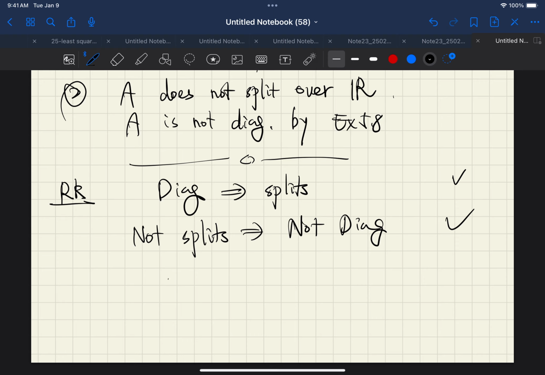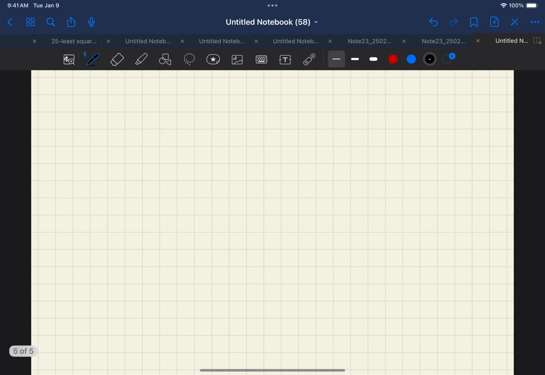One question is, if the characteristic polynomial splits, then is it diagonalizable? The answer is no.